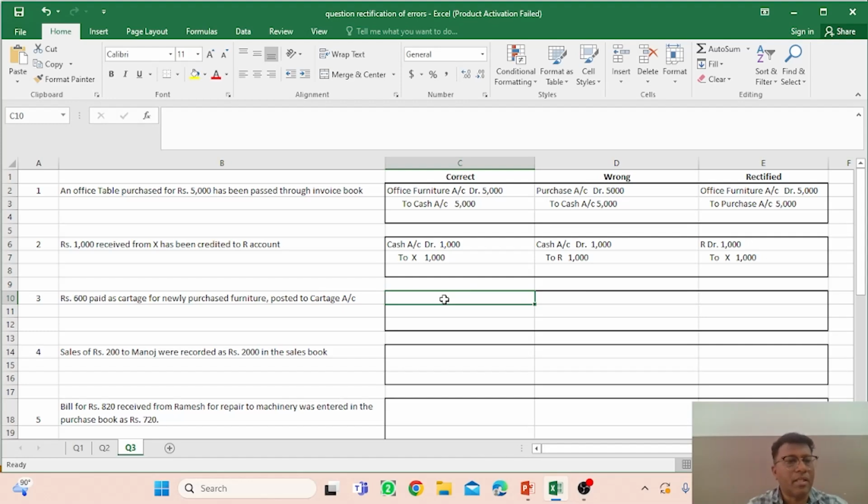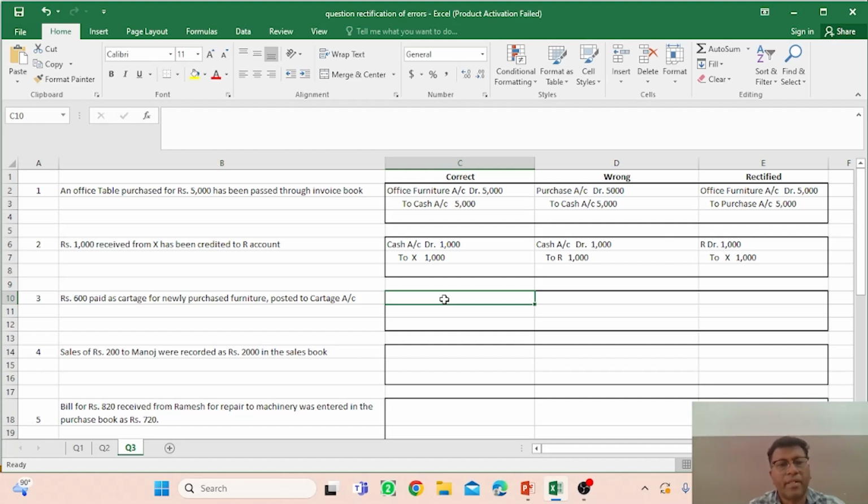Now come to the third transaction, that is rupees 600 paid as cartage for newly purchased furniture. Okay, you are buying the furniture, and you have to keep in your mind that if some assets are purchased and any expenses occurred over there, you have to add that particular cost to the cost of assets.